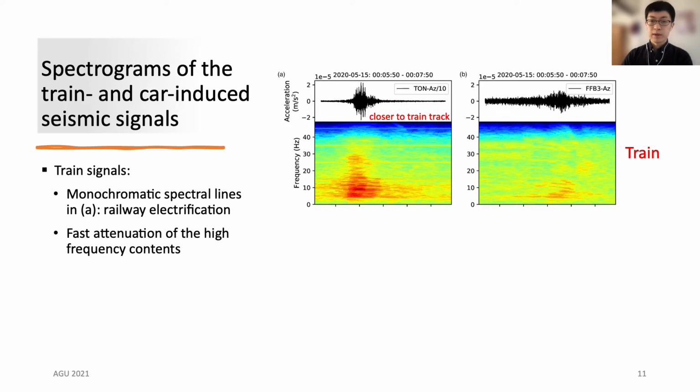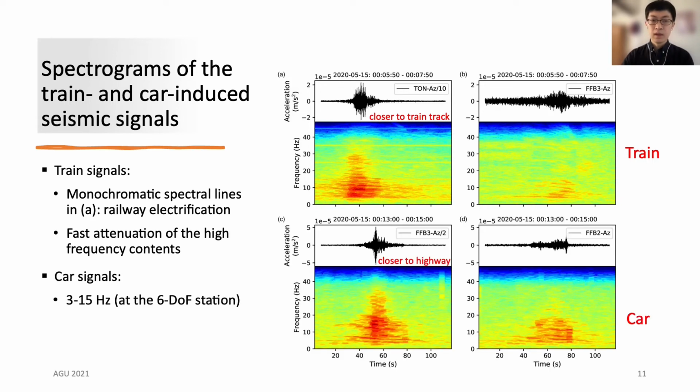Some monochromatic spectral lines around 16, 26, 33, and 45 Hz appear merely at the TON station, which are possibly induced by the railway electrification and its harmonics. The bottom panel describes the car-related signals recorded at the stations FFB2 and FFB3.